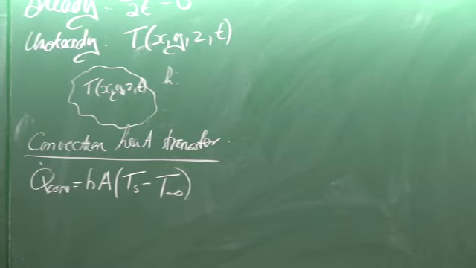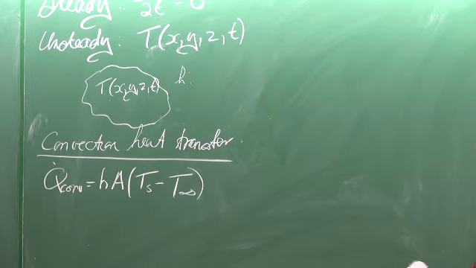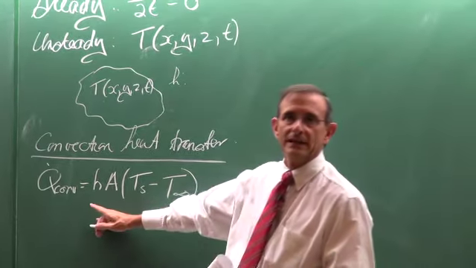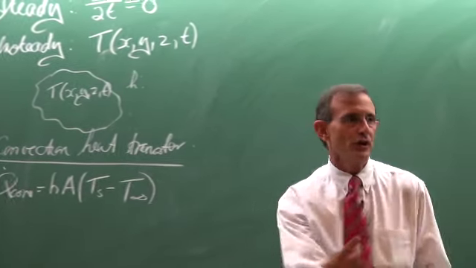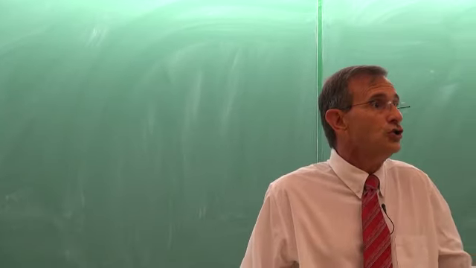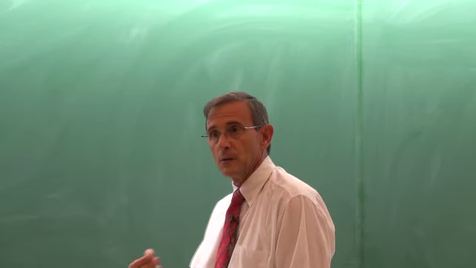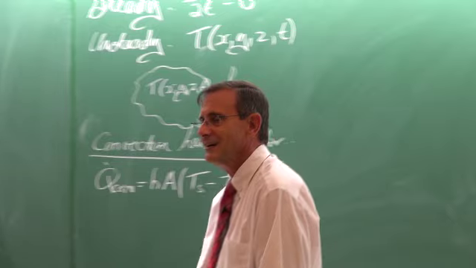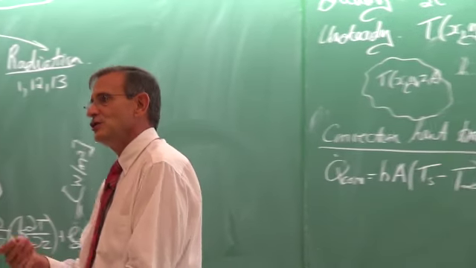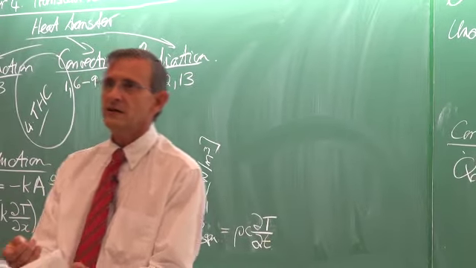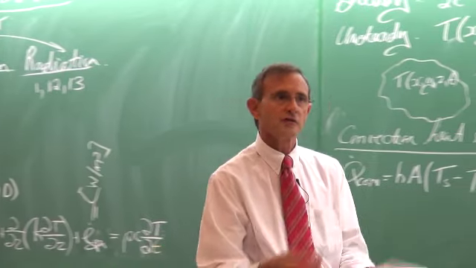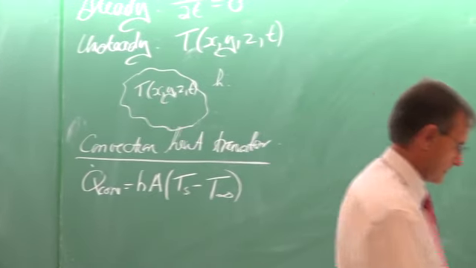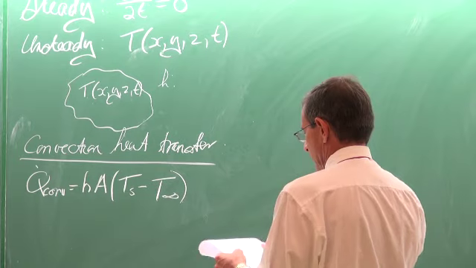It is the simplest of all the equations, but it is also the most complicated because getting that heat transfer coefficient is very, very difficult. There's no analytical solution that can do that at the moment. We have to do experiments to get it, and then we can give the results in tables or graphs for other people to use.